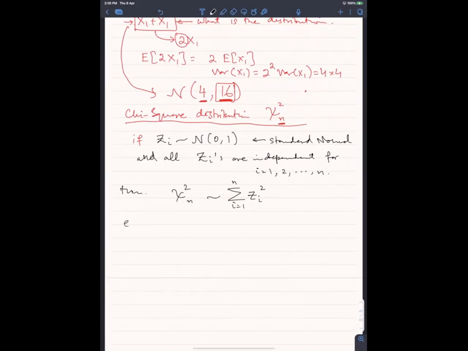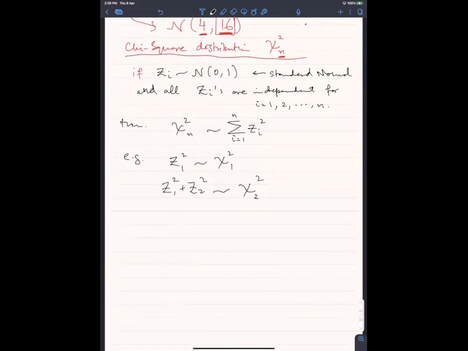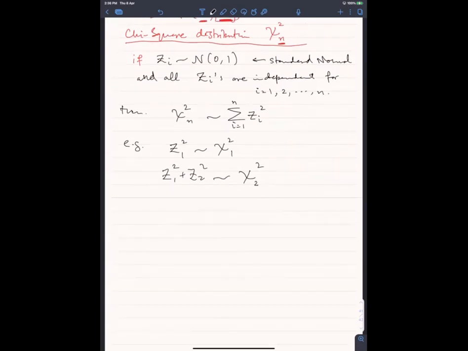So for example, z1 squared will have a chi-square distribution with 1 degree of freedom. z1 square plus z2 square will have a chi-square distribution with 2 degrees of freedom. z1 square plus z2 square plus z3 square would have a chi-square distribution with 3 degrees of freedom. Now, we can show this, and it is shown in the notes.